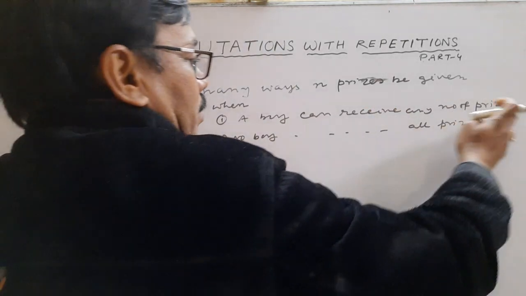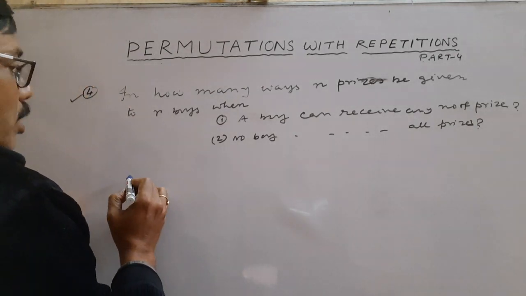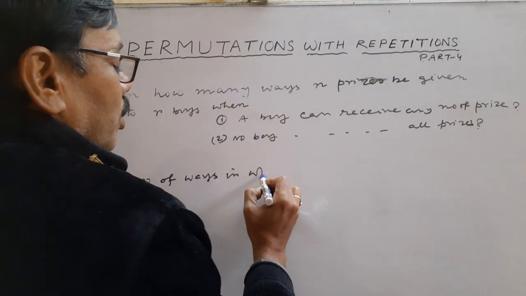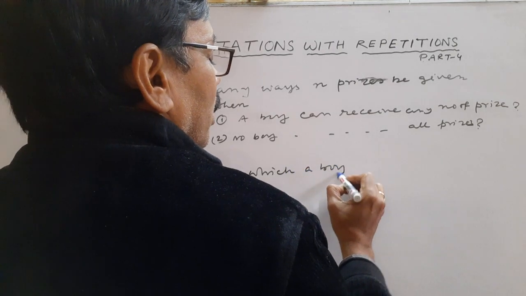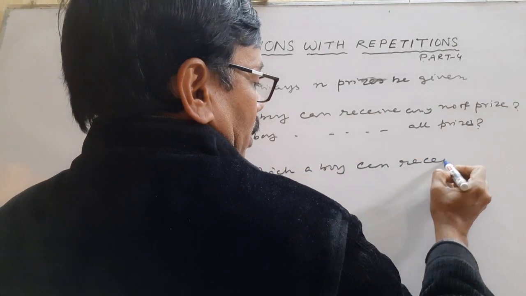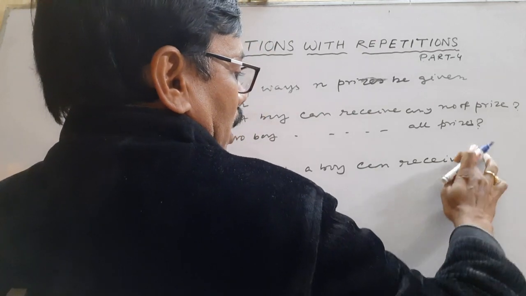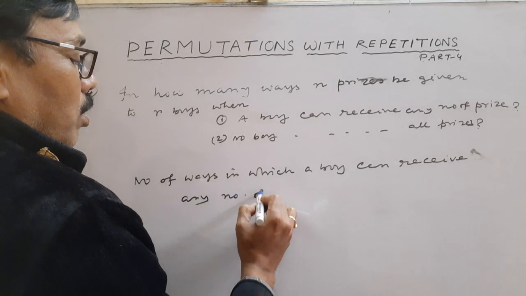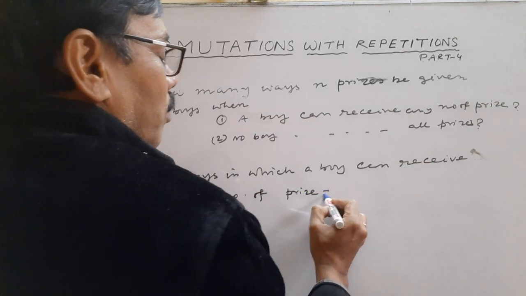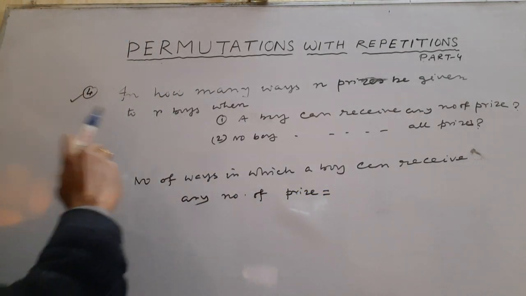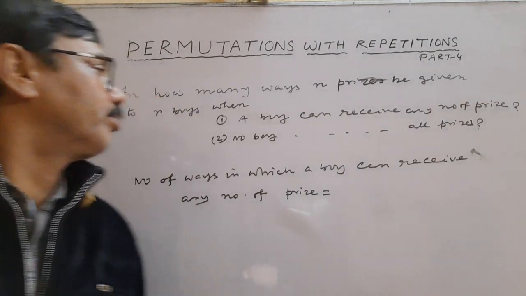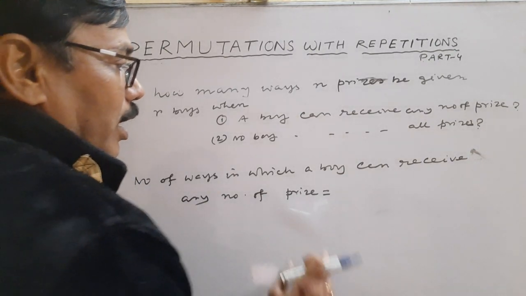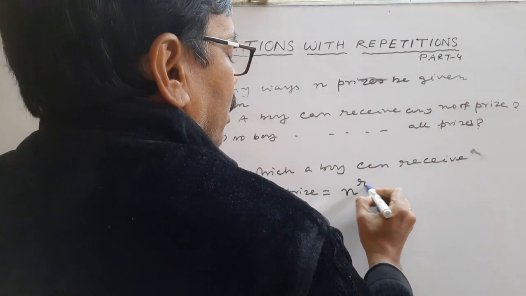So first prize can be given in n ways, second n, third n, rth n. So n to the power r.